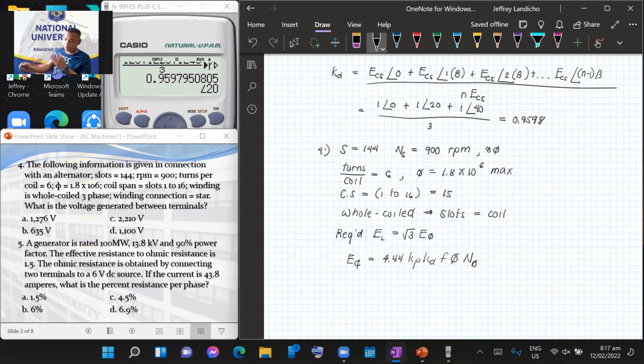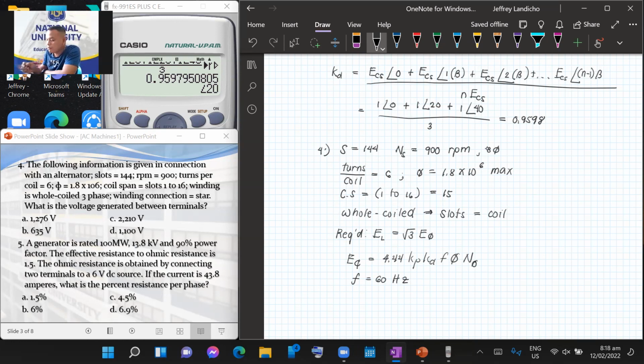So isa-isahin muna natin. Pag walang binanggit, kung ano yung frequency, alam na natin that the frequency is 60 Hz. So therefore, kakailanganin natin yung number of poles para mabilang natin yung kanyang pole pitch.